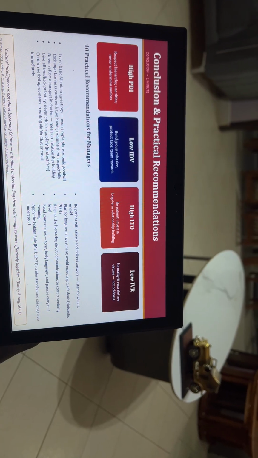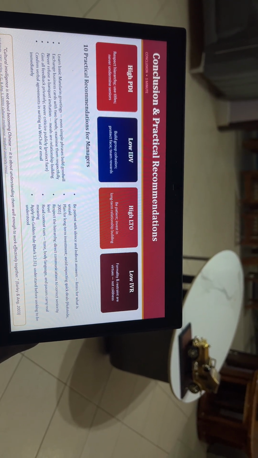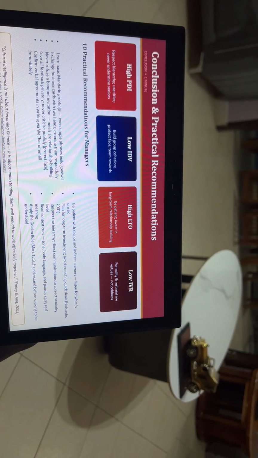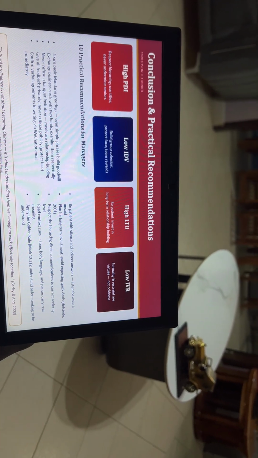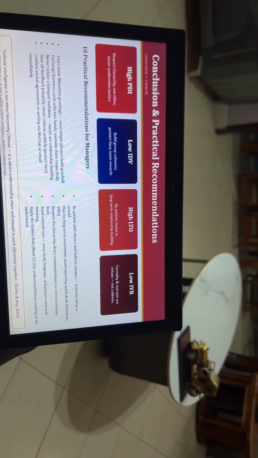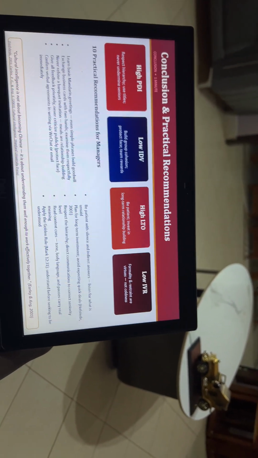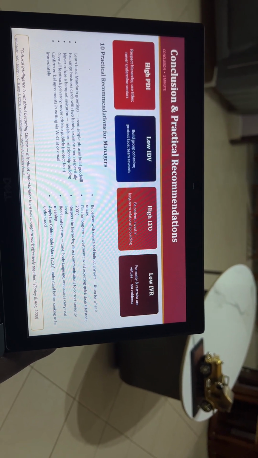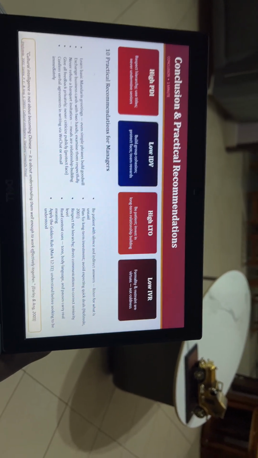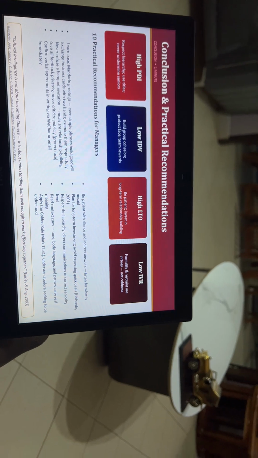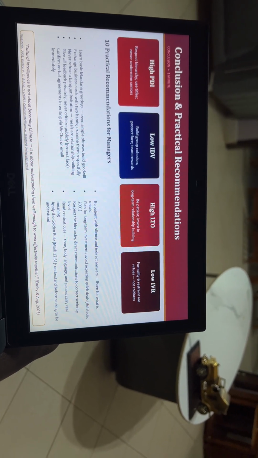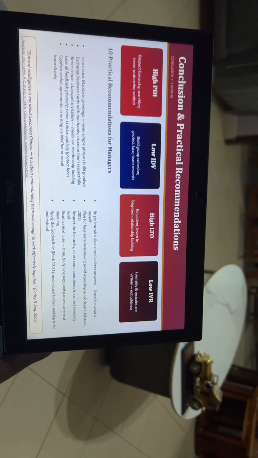Under low IDV, the manager needs to build group cohesion, protect face, and use team rewards. Under high LTO, the manager ought to be patient, invest in long-term relationship building. Then under low IVR, formality and restraint are virtues, not coldness.